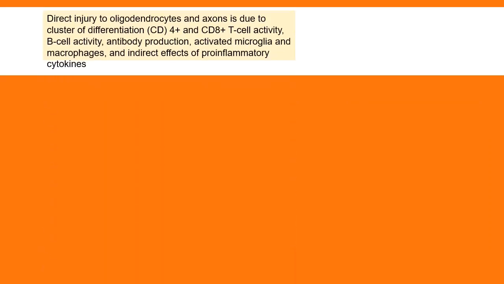Okay, so the direct injury to the oligodendrocytes and axons has been related to the CD4 plus and CD8 plus T cells. In addition, B cell activity and antibody production followed by activation of the microglia and macrophages have also been implicated. There is also an indirect effect of the pro-inflammatory cytokines which are released by these T cells. But how are these T cells activated?